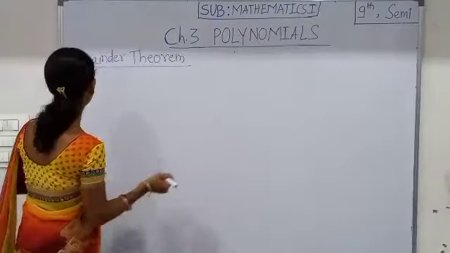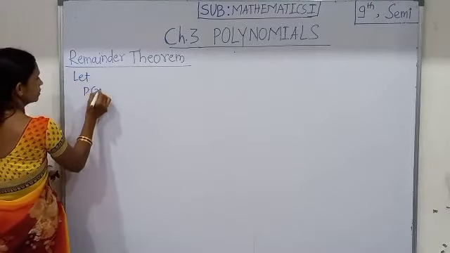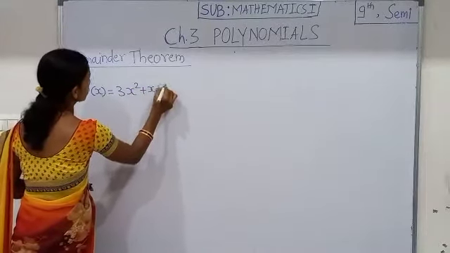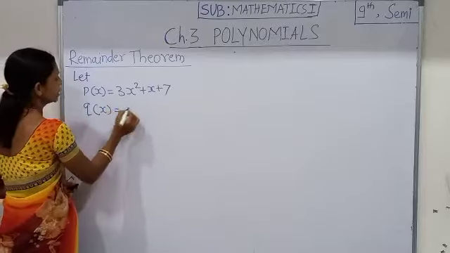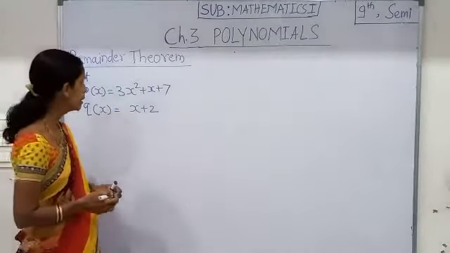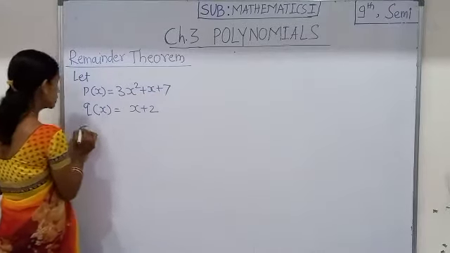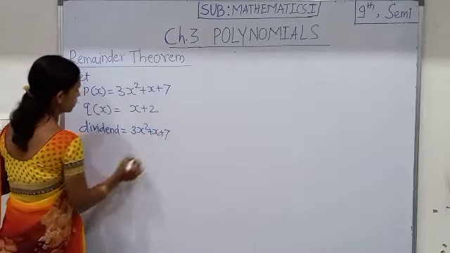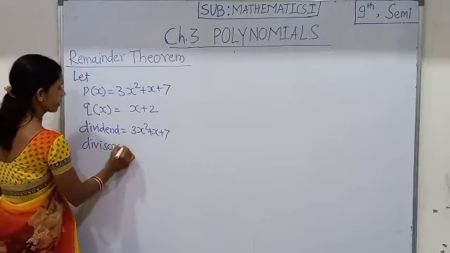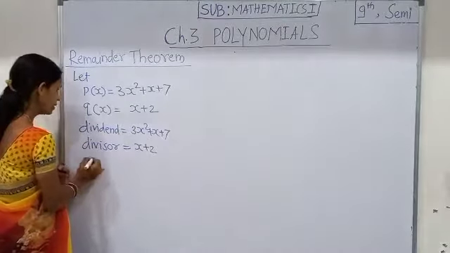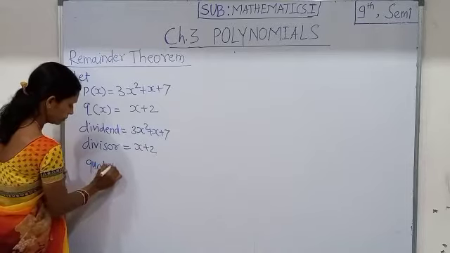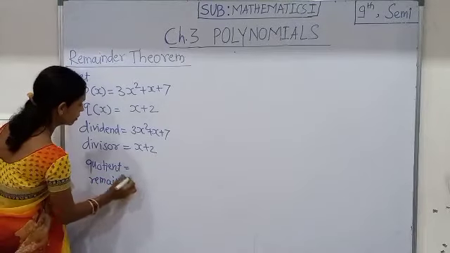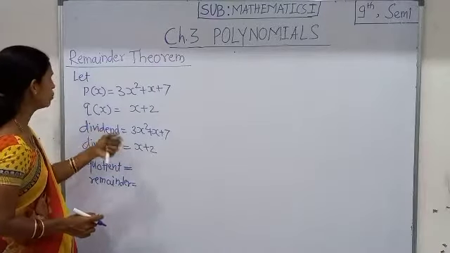Let us solve one example: P(x) is the polynomial 3x square plus x plus 7, which is divided by x plus 2. Here 3x square plus x plus 7 is the dividend and x plus 2 is the divisor. Then we will get the quotient and remainder after solving this division example.